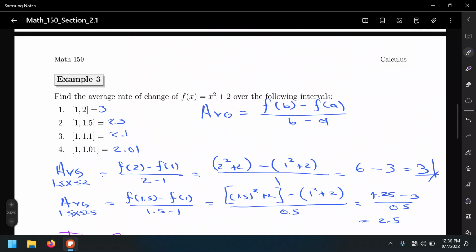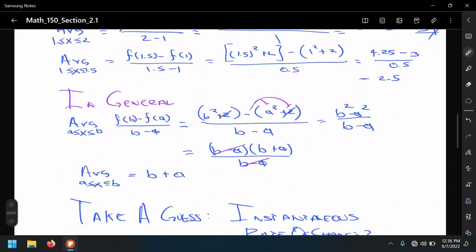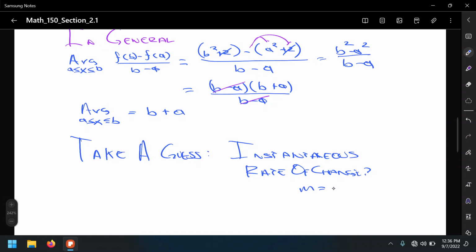So notice we're going from 3, 2.5, 2.1, 2.01. If we make this every time smaller, 2. So m equals 2. So that's the slope of the tangent. Alright, that's the slope of the tangent in this case.